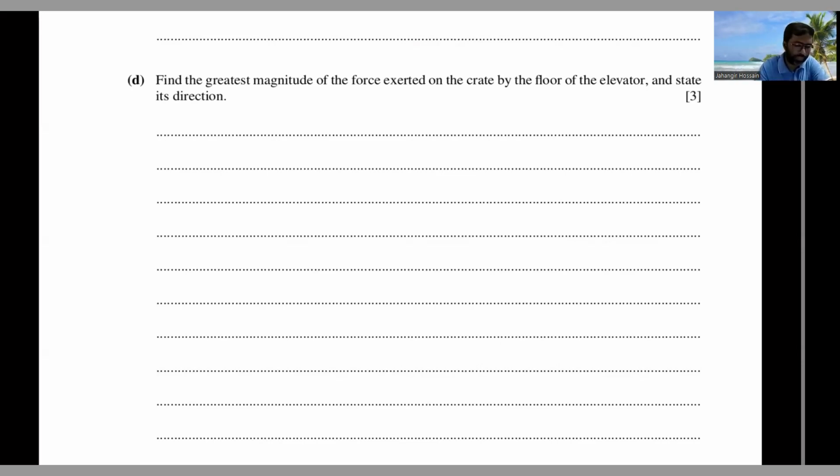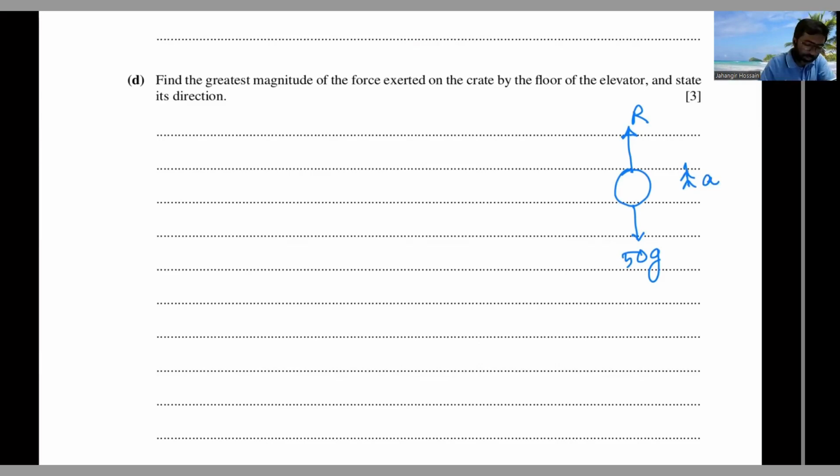Now, if you look at the crate and the forces experienced by the crate, these are the weight of the crate, that's mg, that's 50 g, and there is the reaction coming from the floor. Now, what will be the greatest value of R? Why? When the acceleration is maximum, since it is moving up, let's say upward acceleration.